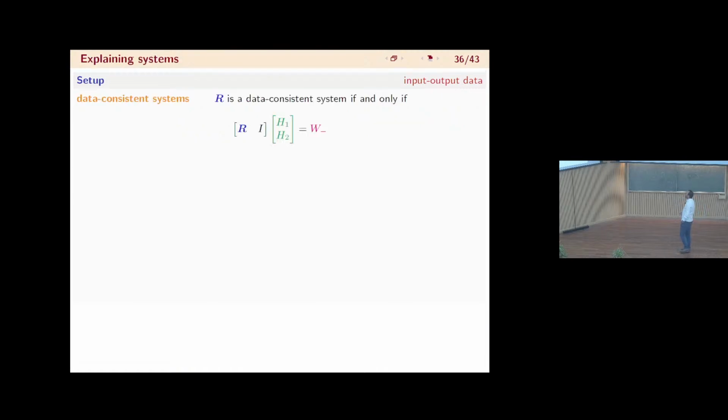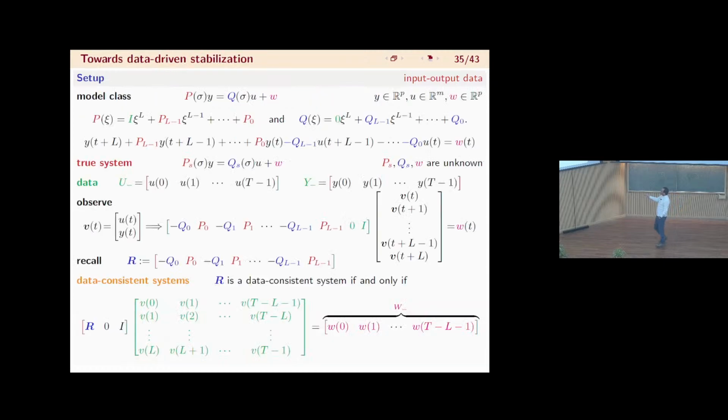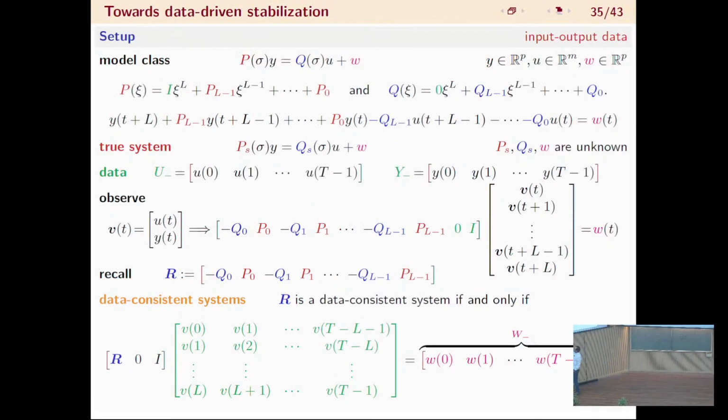And again, let's write this in a compact way. So I can write this as R times some part of this matrix, the upper part except the last row block, and zero identity times the rest. So I can define this green matrix as H1, H2. I can partition it. Is this clear? Look, what I'm going to do is, there is this 0. What does this 0 do?